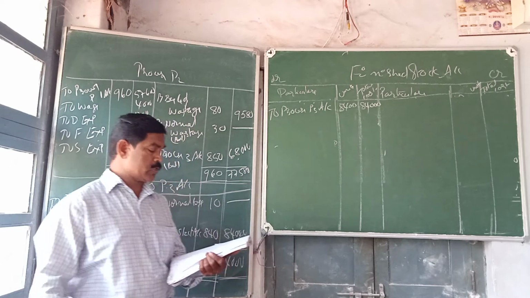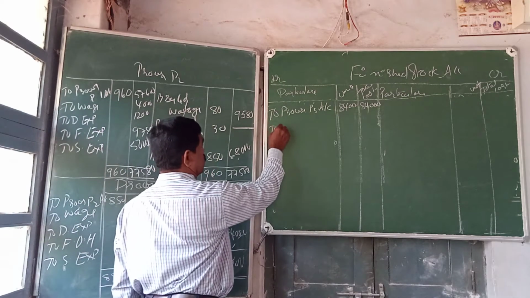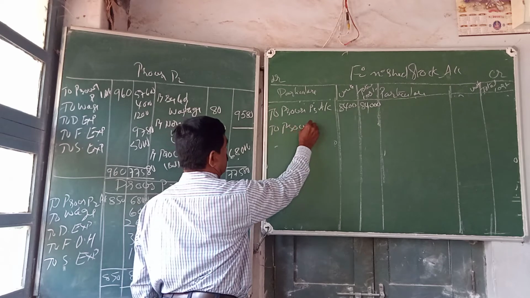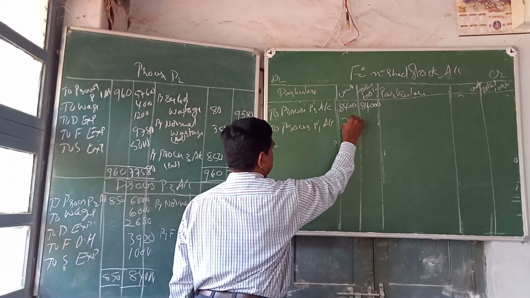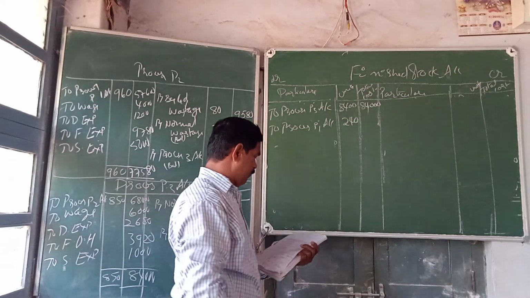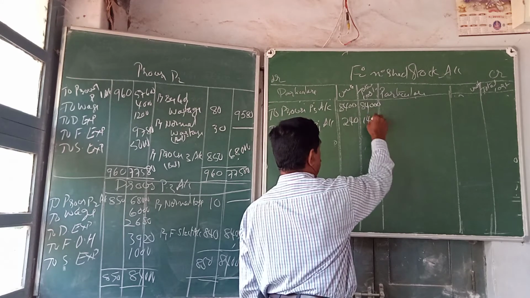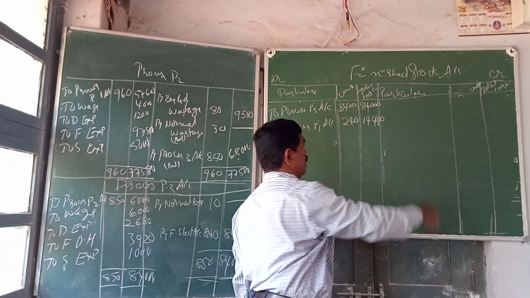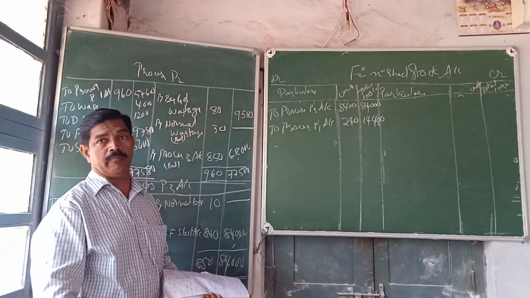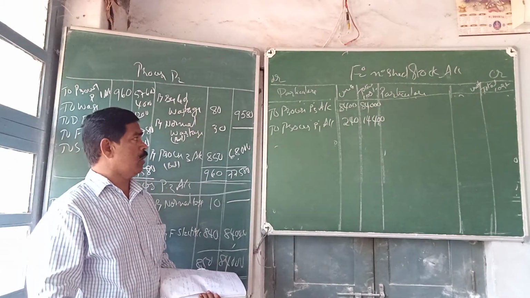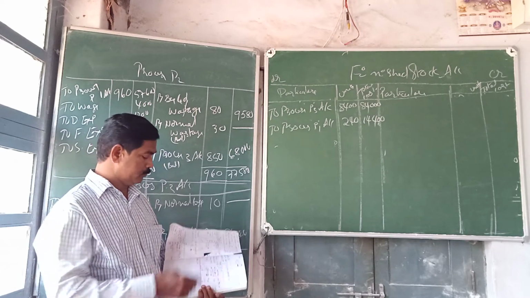So finished stock account debit, to process P1 account, 240 units at a cost of 14,400. So these are the outputs transferred to the finished stock account. One from P3 account, another one from P1 account.